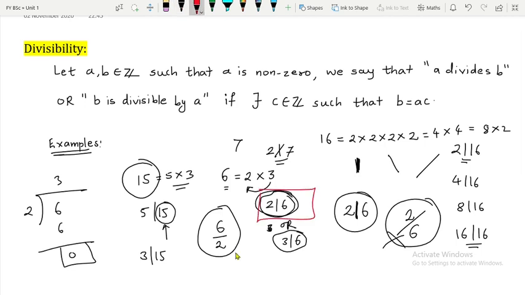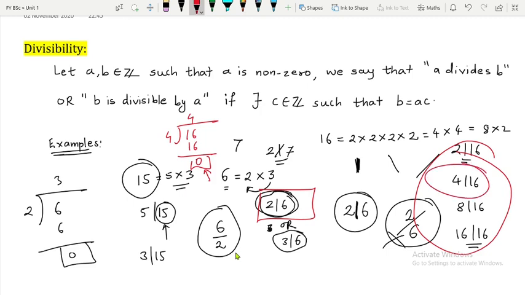This logic can be used for these examples also. If I take 16 and 4, we have 4 fours for 16 and the remainder is 0, right? And therefore we say that 4 divides 16. Same thing will happen with 8 and 16 also. You are going to get a remainder of 0.